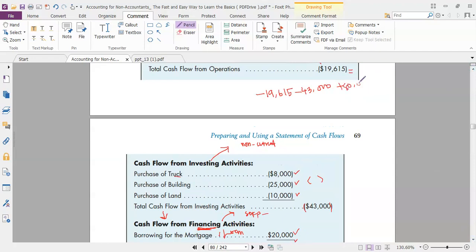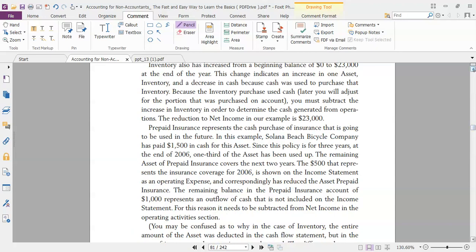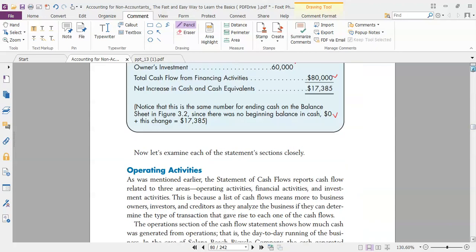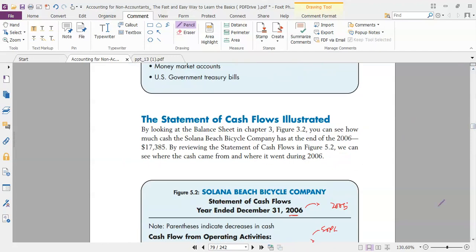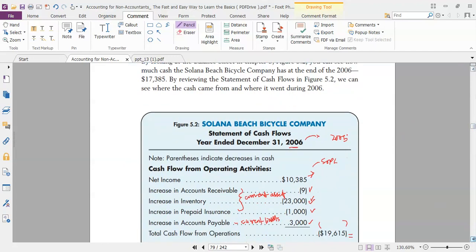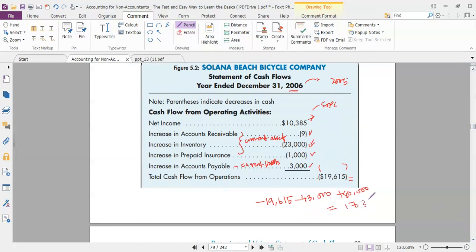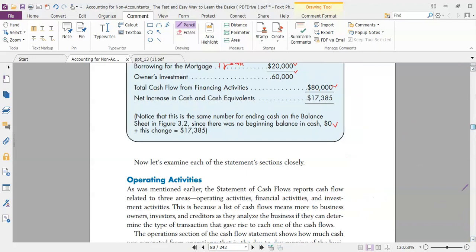So that you will get 17,385. Alright, 17,385. That is the format for the statement of cash flows for the indirect method.